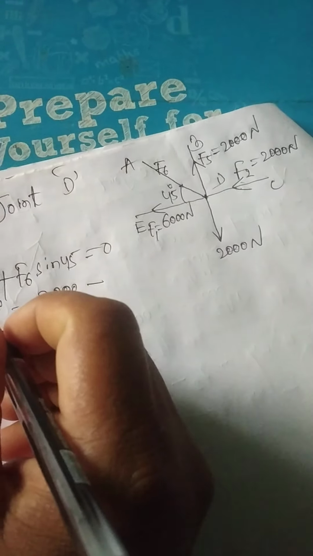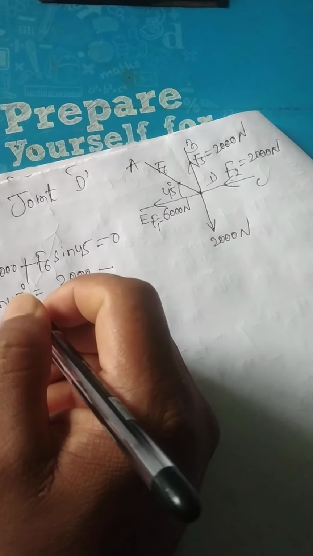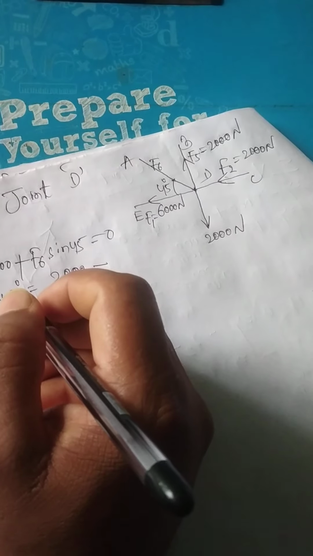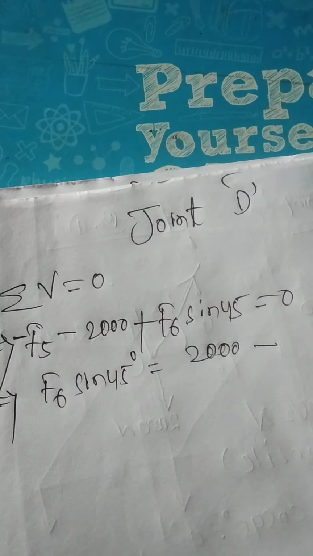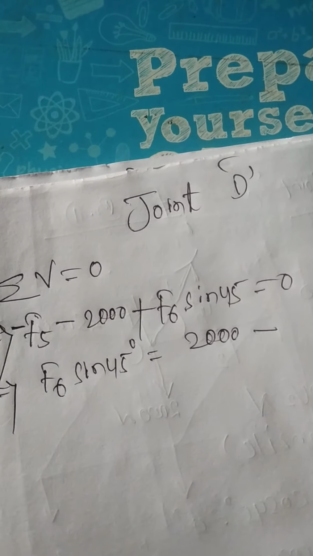So I can write minus F5 here because its value is compressive.